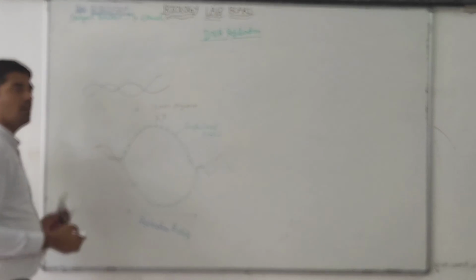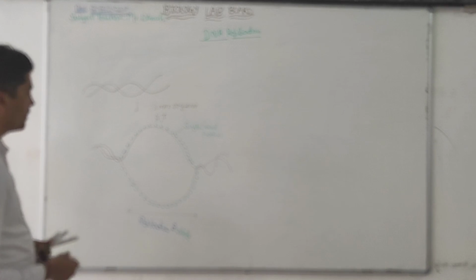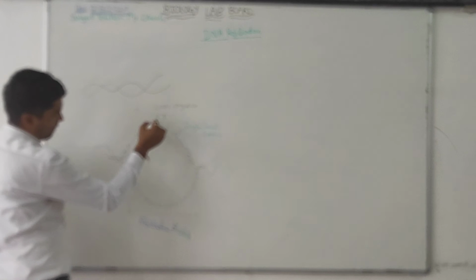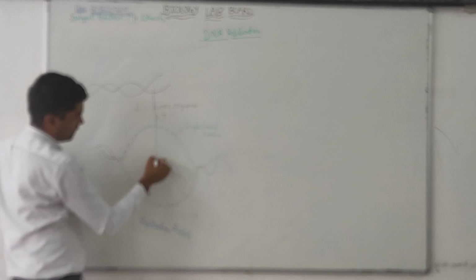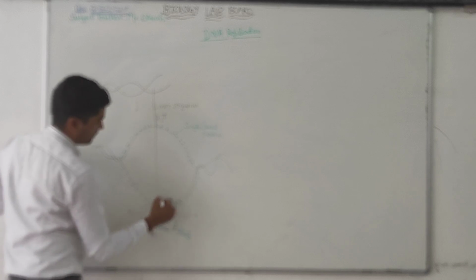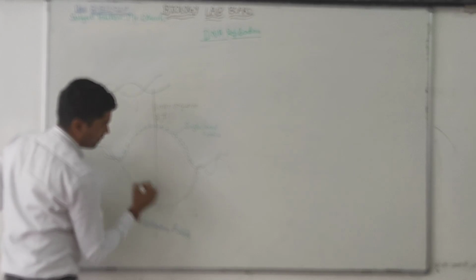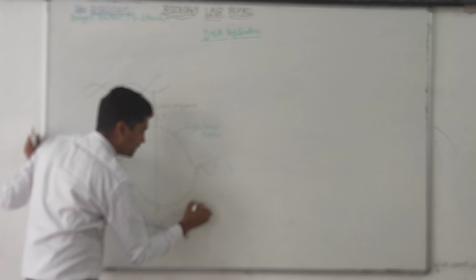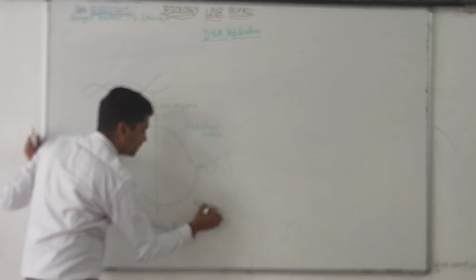They will go away when the replication starts at the particular point. This half of this bubble will be called the replication fork.